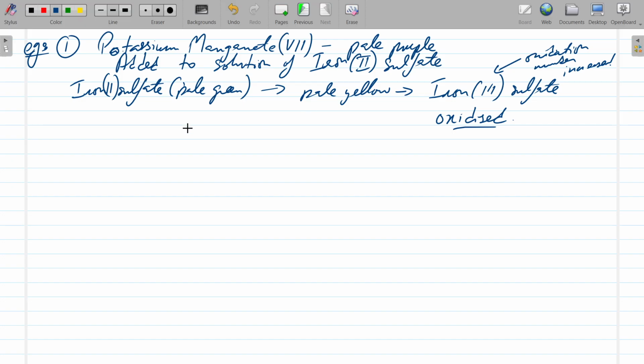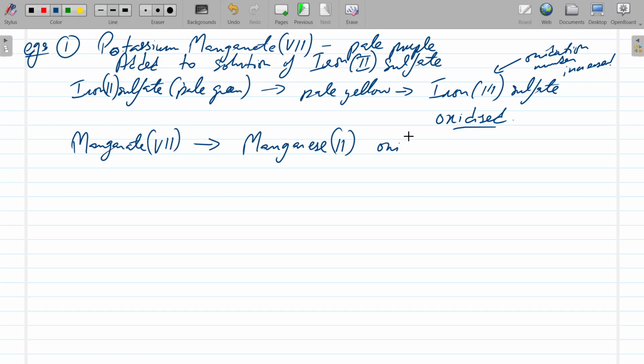What's happening to the potassium manganate? Well, it goes from manganese(VII) to manganese(II). And that means what?